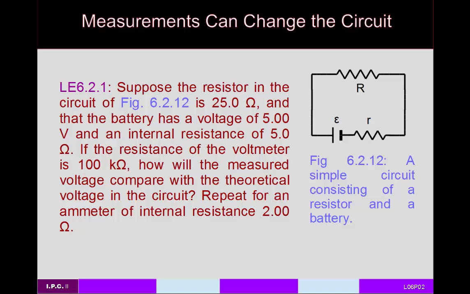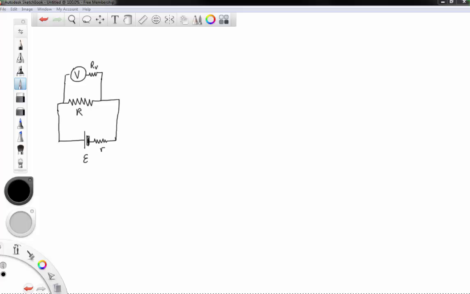So we'll start off with basically a voltmeter, and what we want to do is measure the voltage drop across some resistor. The question is, when we make that measurement, how does the circuit end up changing? And likewise, what happens if we put an ammeter into the circuit to measure current instead?